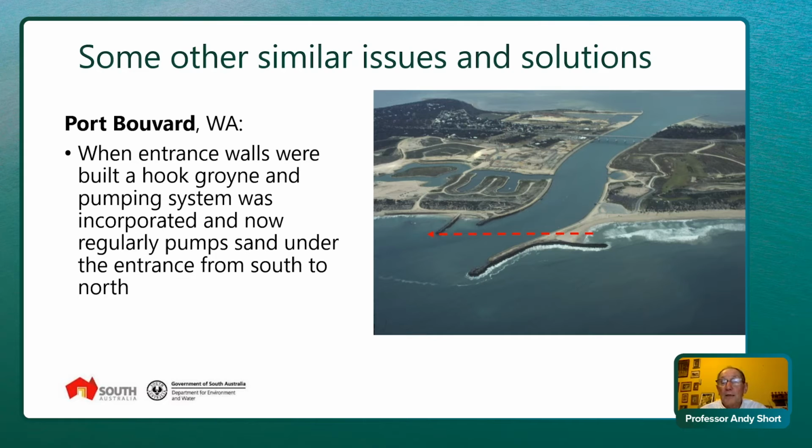They realised the training walls there were going to trap sand, so they built in that little hook groyne on the right there, put a permanent dredge in there, and they pumped sand under the channel from the southern side to the northern side, so they can maintain the beaches to the north of those training walls. A very successful project, planned at the planning stage and implemented as soon as the walls were built. It's been very successful ever since.